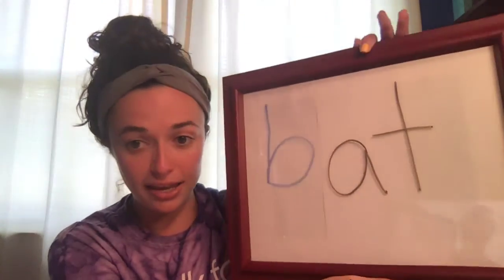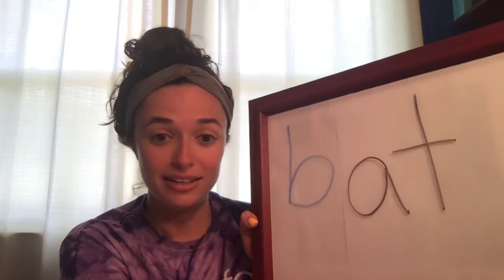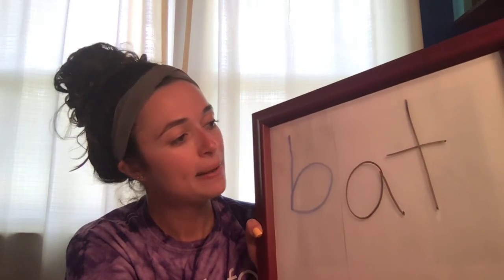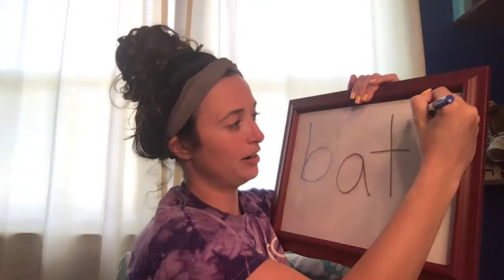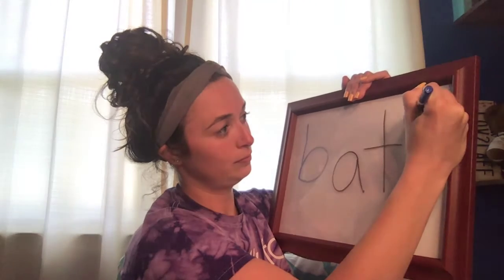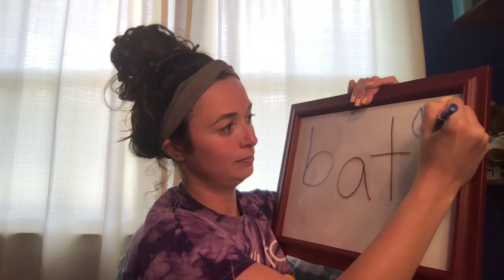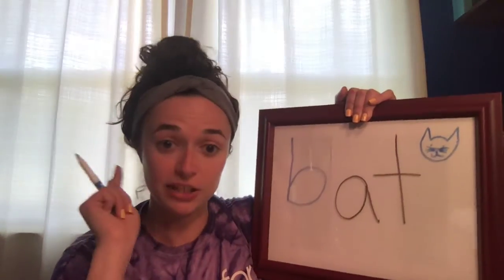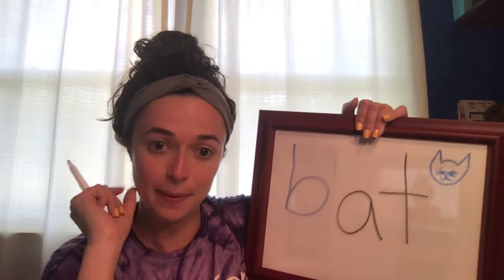I want you to help me this time. How can I change the word bat to the word cat? That's what we want to spell. So first we have to think, what makes the k sound that we hear in cat?